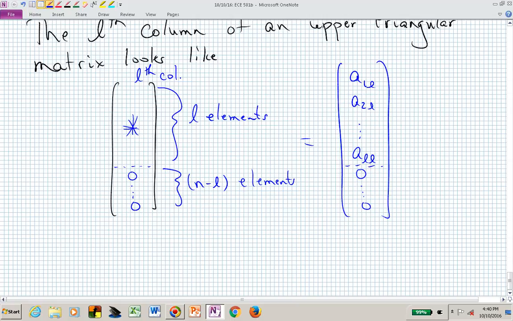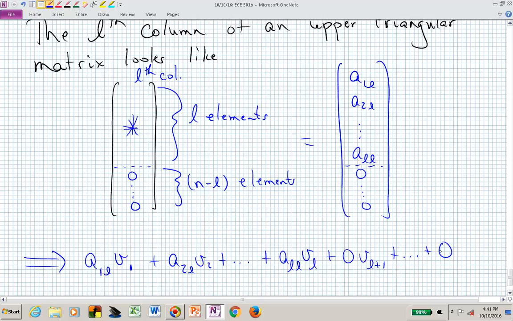And what does that say? Well, this tells us our weights on our basis vectors. A1L weights V1, and A sub 2L weights the second basis vector. And we just keep going. A sub LL weights V sub L, and then we have 0 weighting V sub L plus 1, and we continue with zeros for weights all the way down to V sub n.